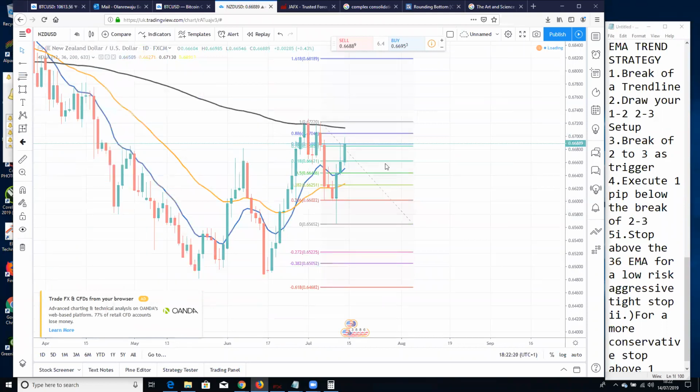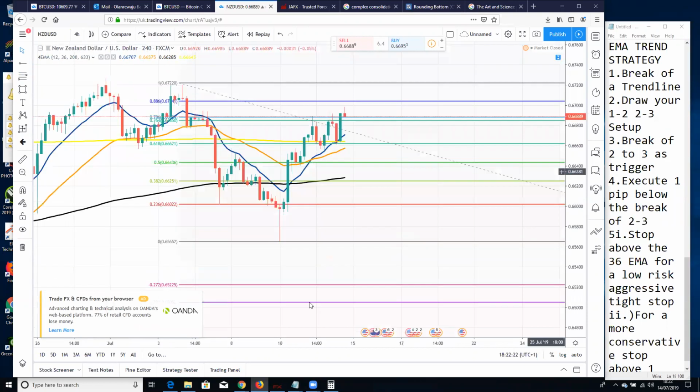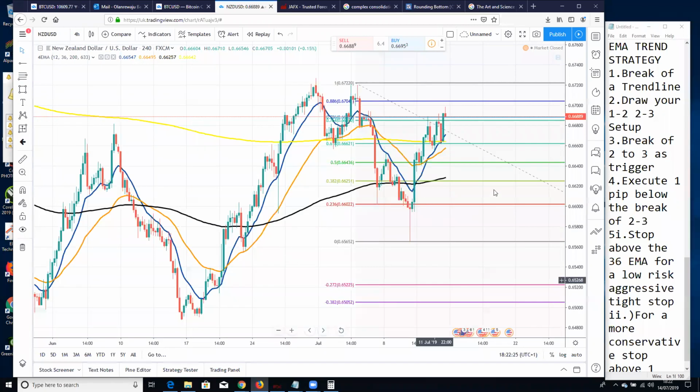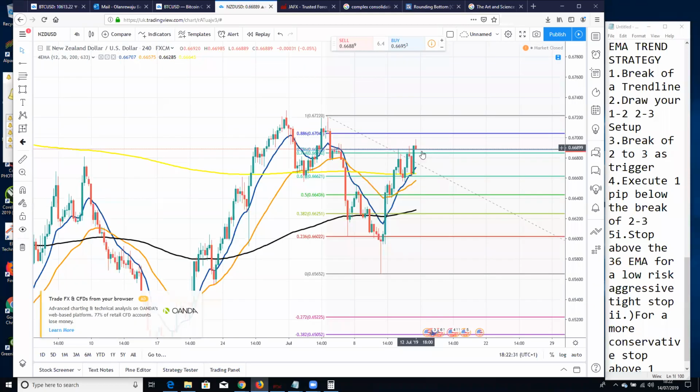So for that 4 hour, spinning top at the high of 78.6. First test, second test, third test. Start to come back into this supply zone.